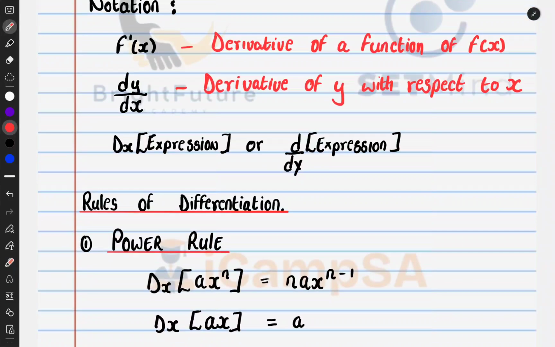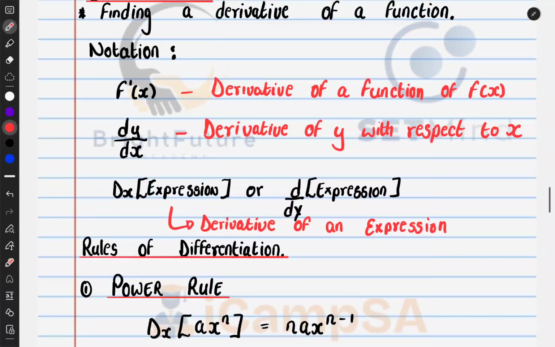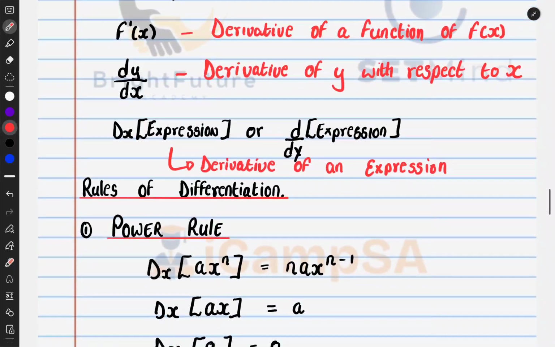So this notation, I can try to squeeze this in here, is the derivative of an expression, a particular expression with multiple terms. Let's say maybe you have x squared plus 2x plus, so we generally use that last notation here.